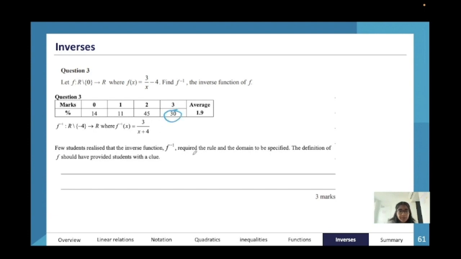A few students realized that the rule and domain need to be specified, and the definition of f should be provided. So basically, a lot of people lost marks because they didn't give the domain. So you can see that it's pretty easy to get full marks. You just need to be very wary of the questions they're asking you.